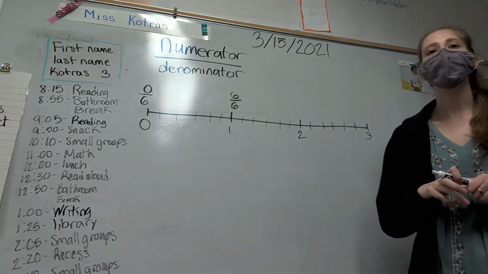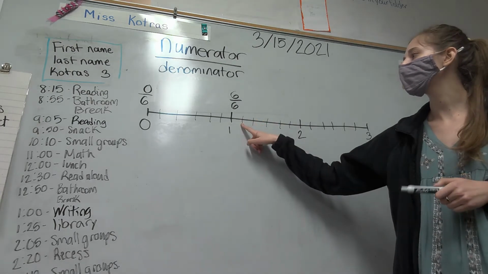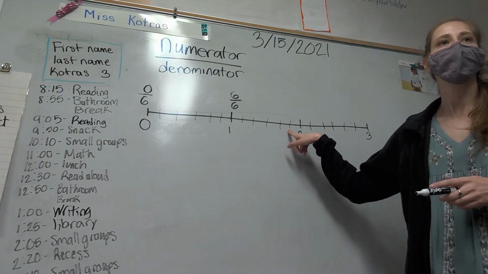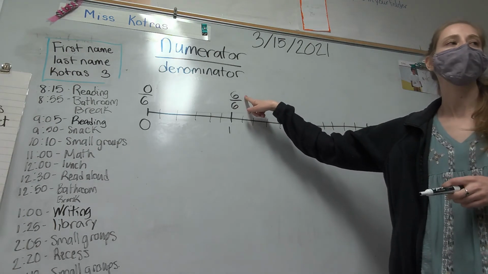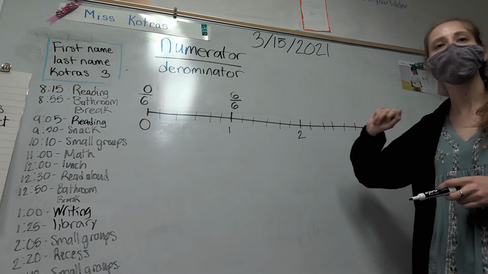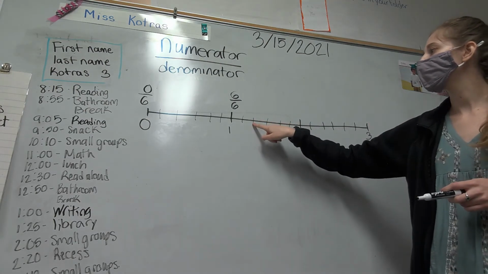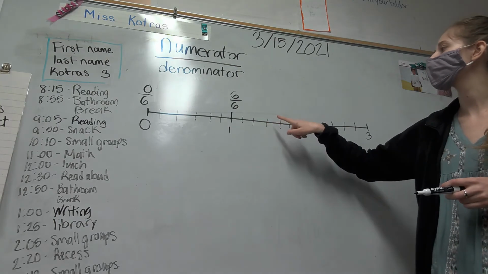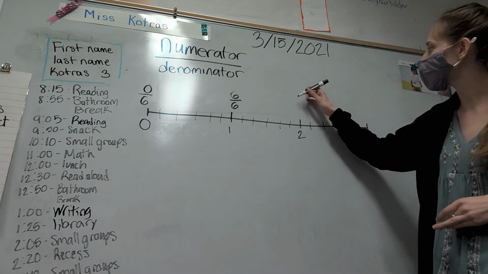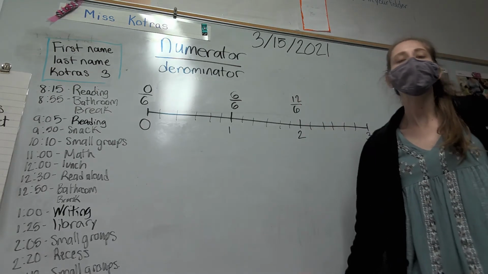For 12 over 6, remember we can count each of these intervals, each line, we add 1 to the numerator, right? So we can count up to see where 12 over 6 would be. We have 6 over 6, 7 over 6, 8 over 6, 9 over 6, 10 over 6, 11 over 6, 12 over 6. Let's write 12 over 6. And that's on a whole number.